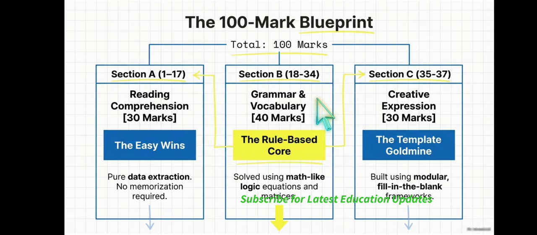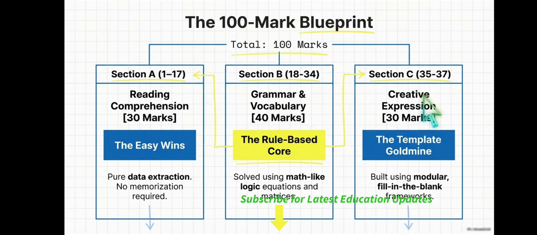Then followed by Section B, questions 18 to 34, where we test how well we understand grammatical items and vocabulary knowledge, from the rule-based items as well as with our common sense and guessing the vocabulary from the given clues and contexts.